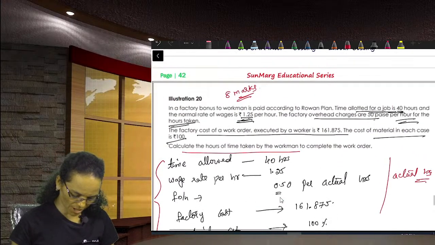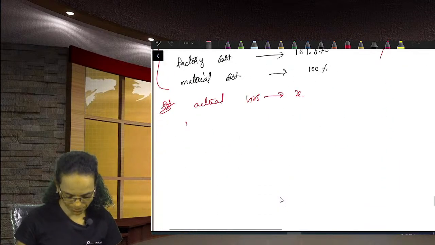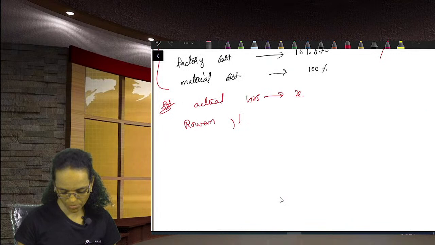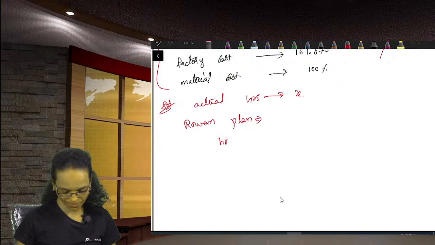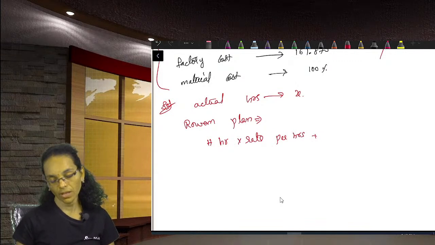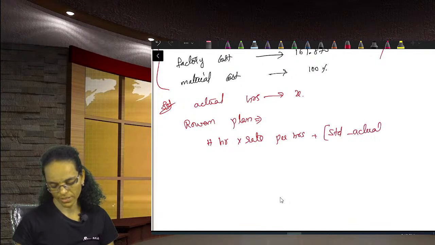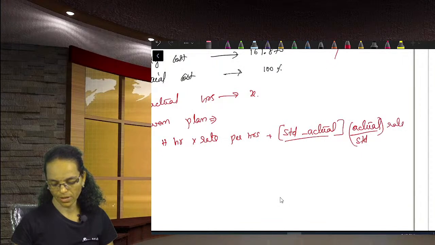Under which plan is he getting paid? The Rohan plan. So write the Rohan plan wage formula: actual hours into rate per hour, plus standard minus actual, that is the time saved, divided by standard time, into actual, into rate per hour.